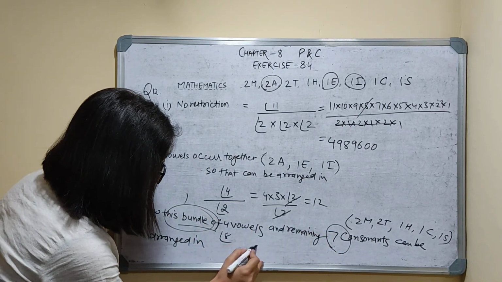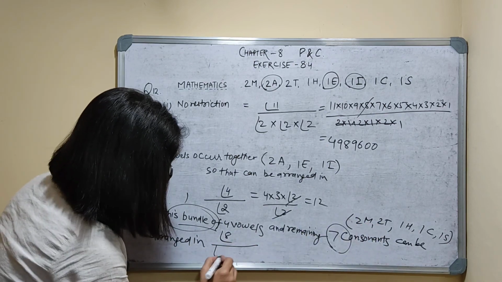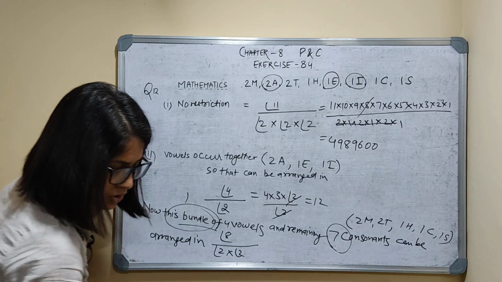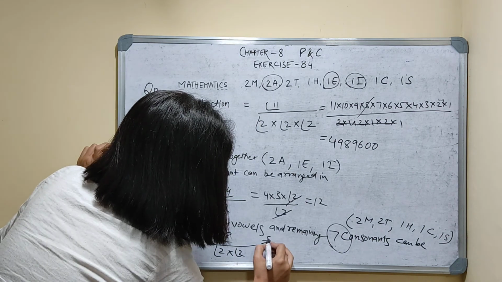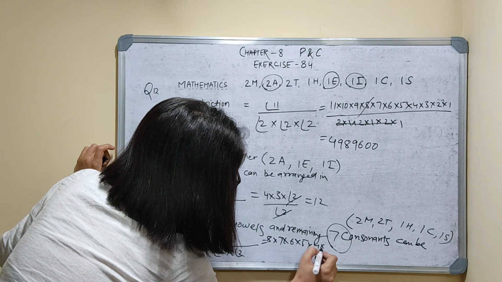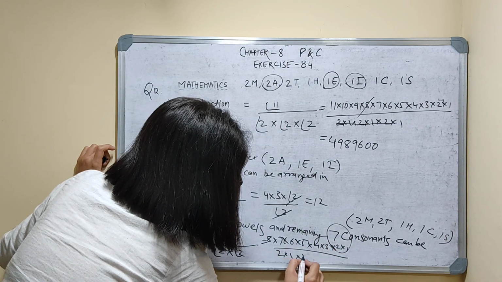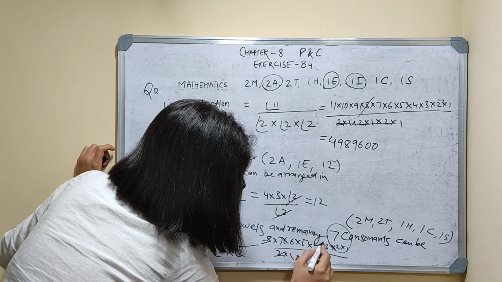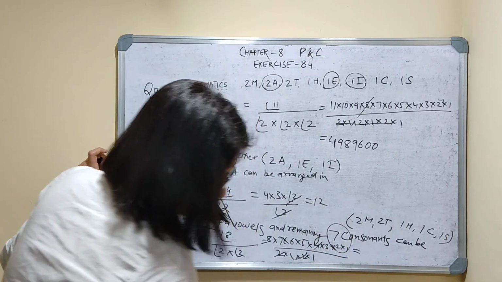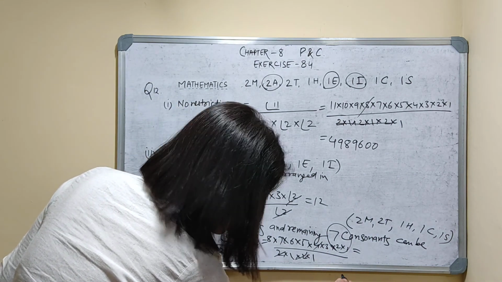So factorial 8 upon factorial 2 for M, factorial 2 for T. 8 into 7 into 6 into 5 into 4 into 3 into 2 into 1, over 2 into 1 into 2 into 1. 2 to the 4, 4. When you solve, you will get 10,080.